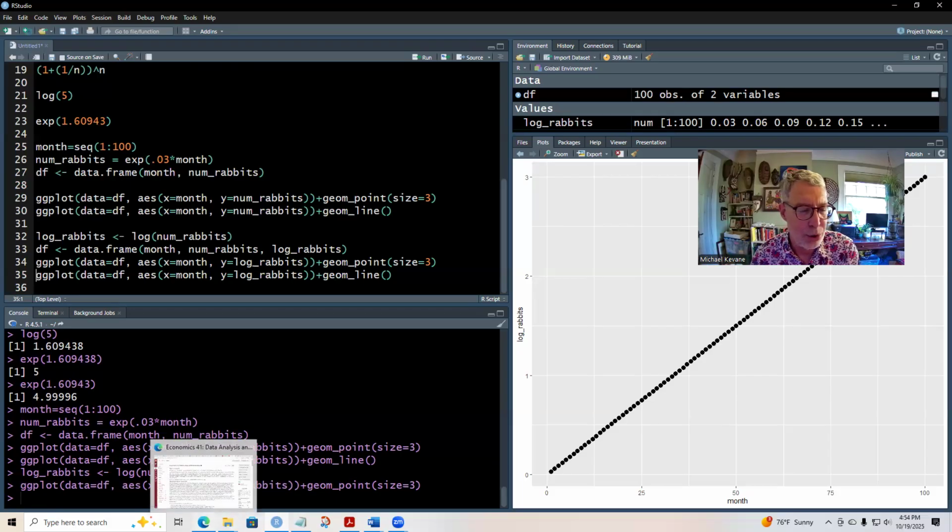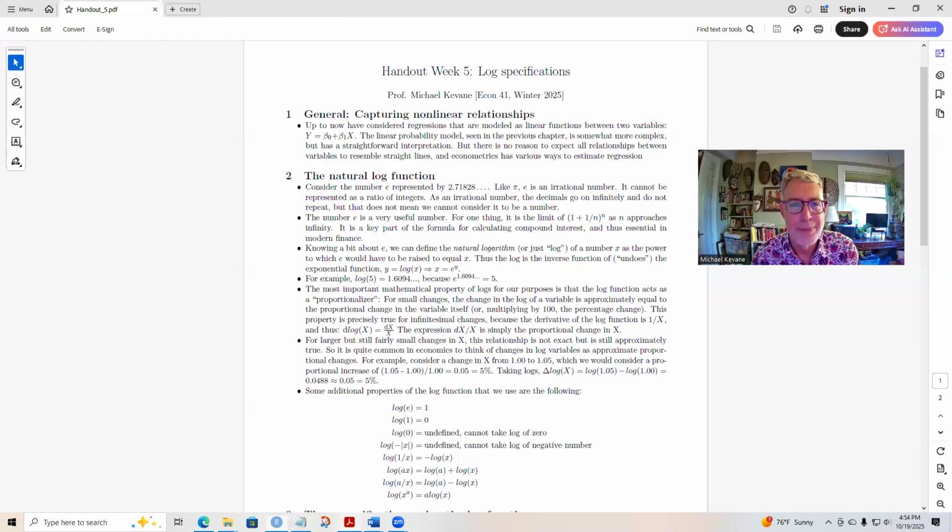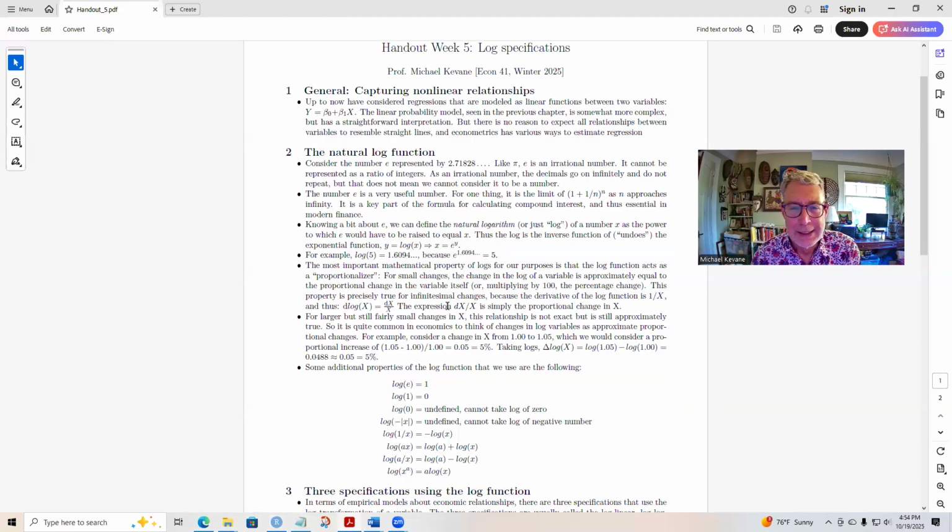Let's come back to our handout. An important characteristic of the log function is that it acts as what we sometimes call a proportionalizer. That is, for small changes, the change in the log of a variable is approximately equal to the proportional change in the variable itself.